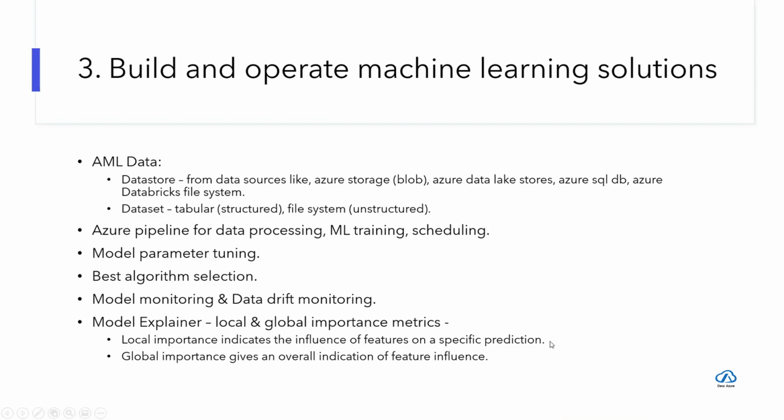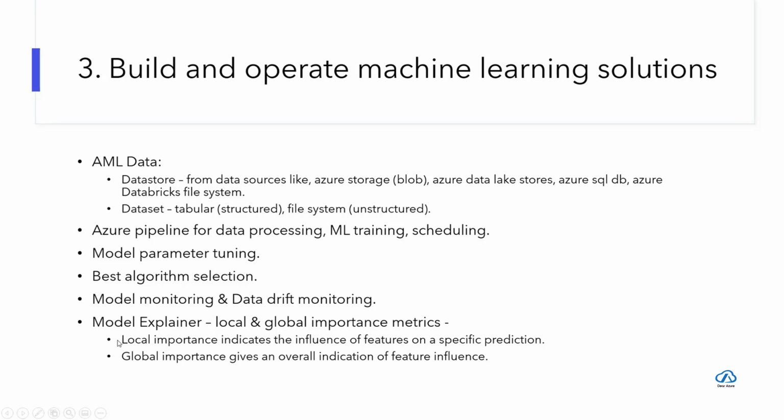So if you have a prediction, for example, that tomorrow's temperature is 10 degrees Celsius, for this specific prediction, which features, like yesterday's temperature, the location, or something else, are the most impactful, that is considered local importance. And if you want to find out, for all the predictions your model is making, which specific features or columns are the most impactful, that is considered global importance, which gives an overall indication of feature importance.